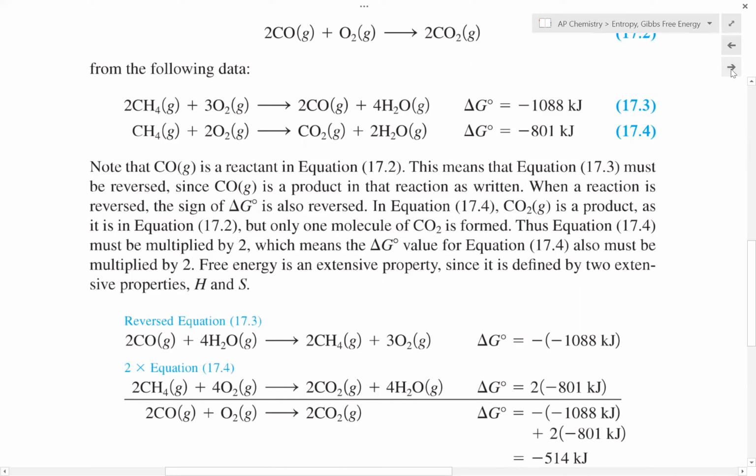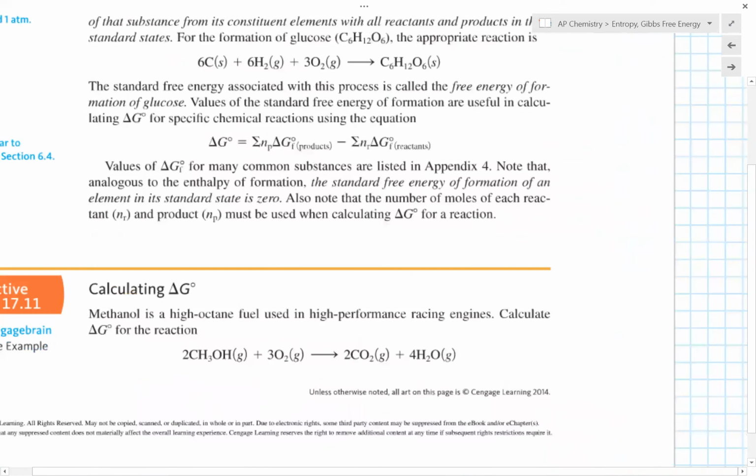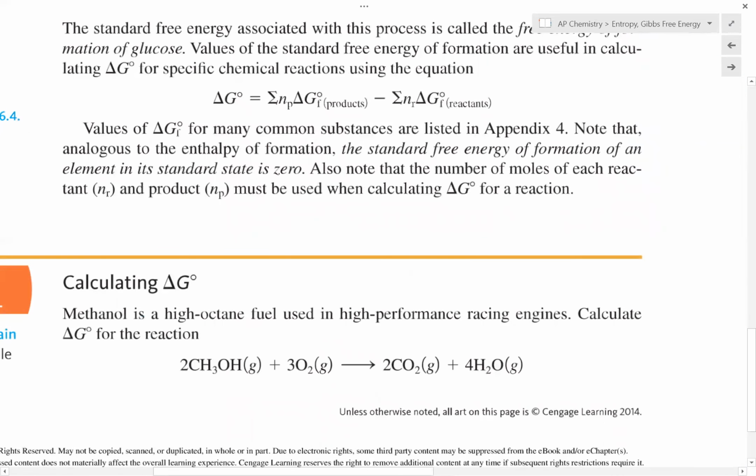Now, if you take a look at, I believe, page 808, there's another way to calculate delta G, in this case using the summation equation. Here we have carbon dioxide and water produced from oxygen and methanol combined together.